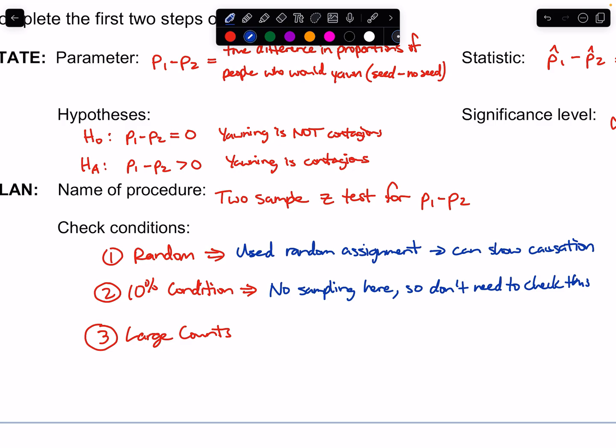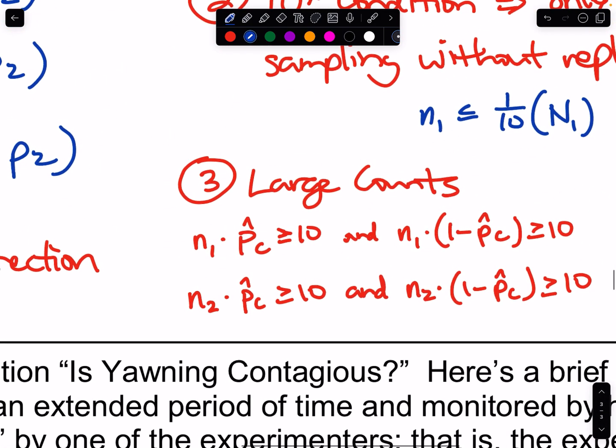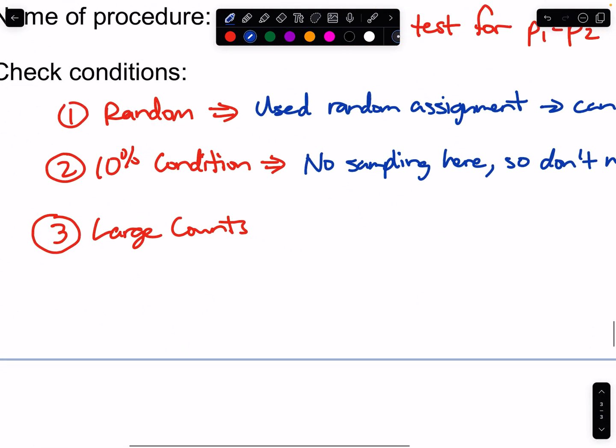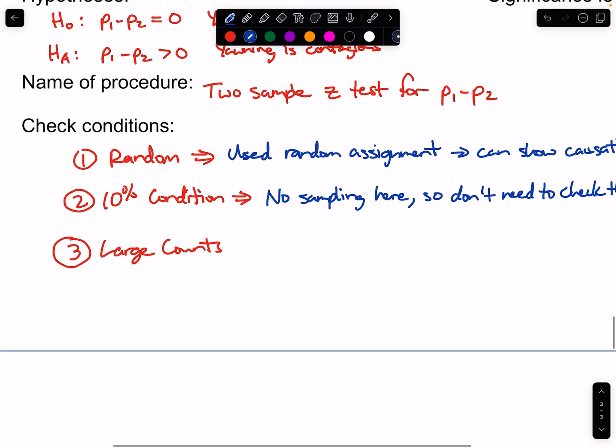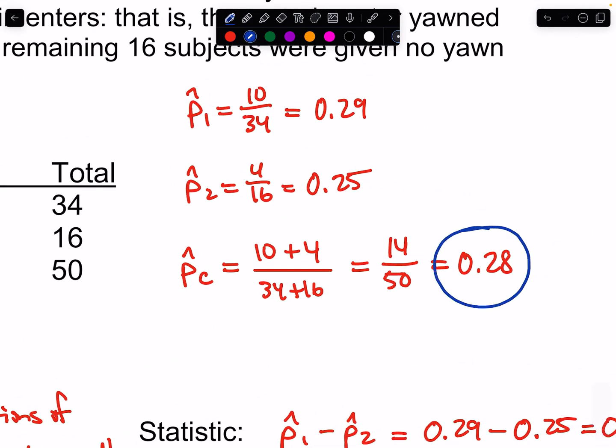And then lastly, our large count. So again, remember, this is where our P combined comes into play. So I've got to check sample size 1 with P combined, and then sample size 2 with P combined. So our sample size 1 was 34 times P combined, which was 0.28.